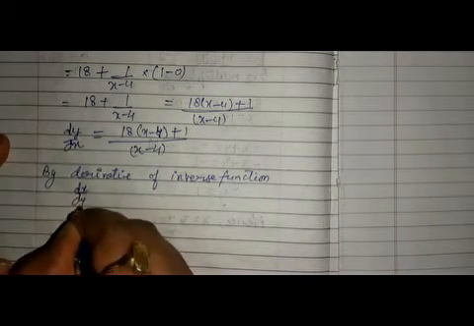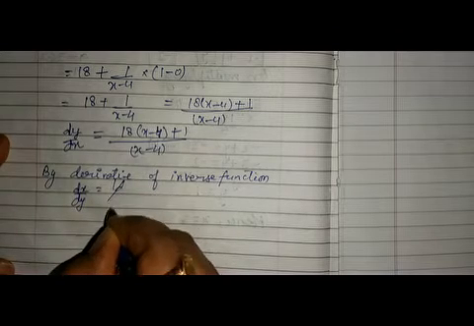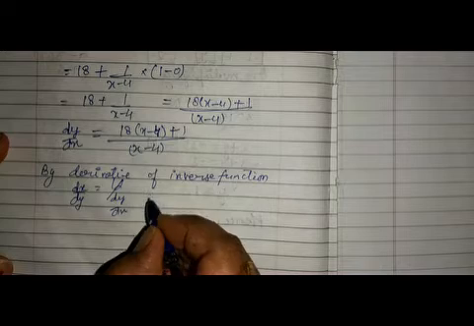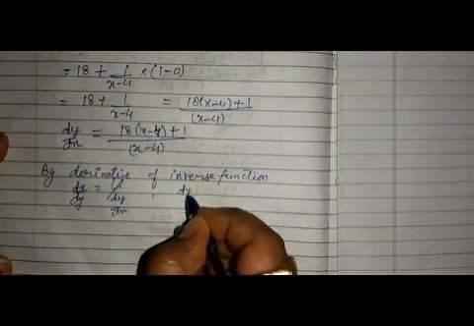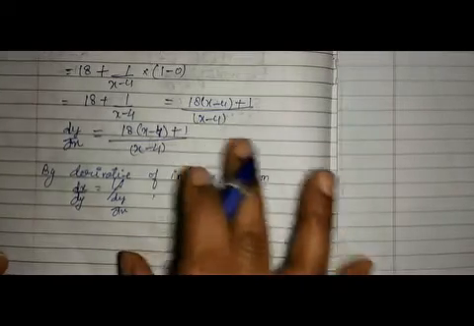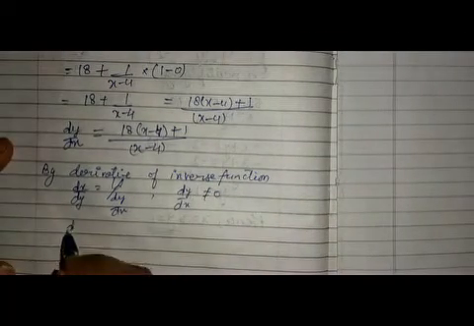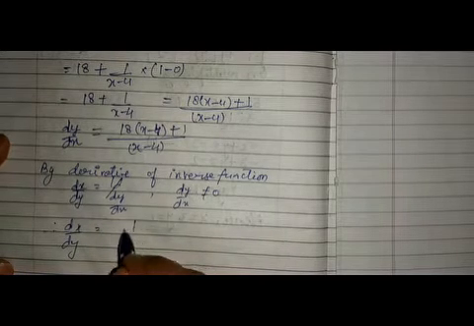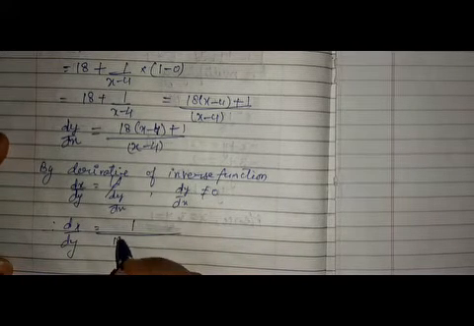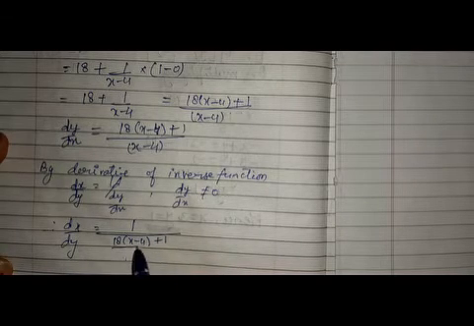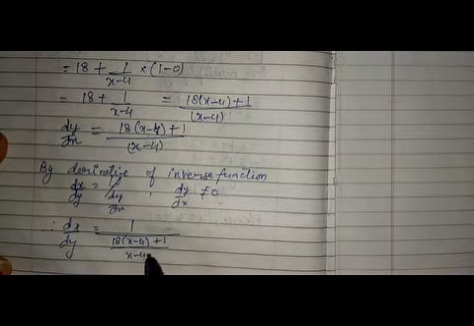dx upon dy equals 1 upon dy by dx. Okay, where dy by dx should not be equal to 0, and also dy by dx is not 0 here. So therefore we have dx upon dy equals 1 upon 18 into x minus 4 plus 1 upon x minus 4.